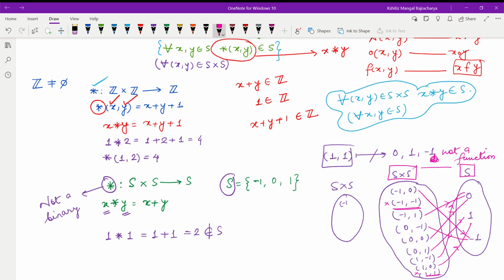And since star from S cross S to S is not a function, we should say that this star right here is not a binary operation, because a binary operation means a function. Alright, so this is not a binary operation.